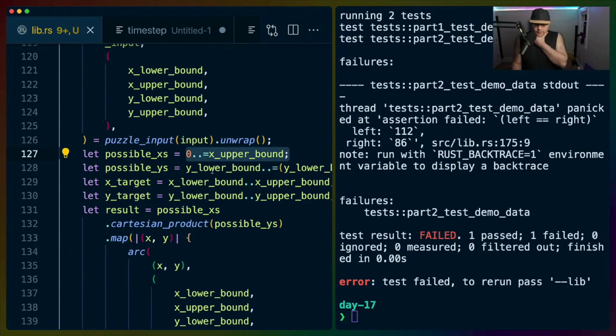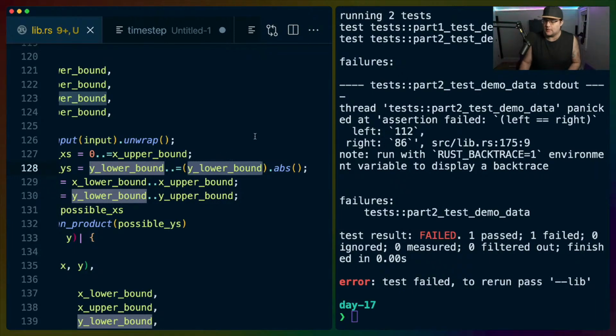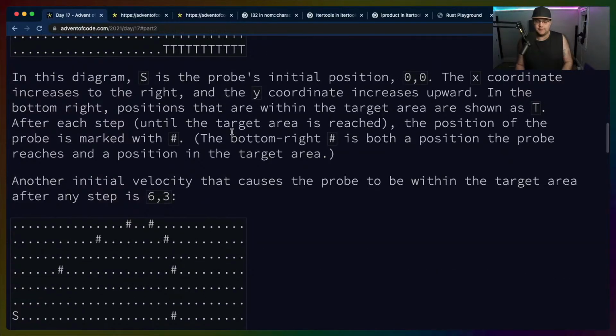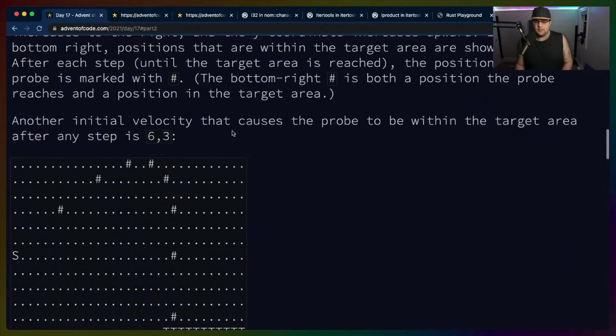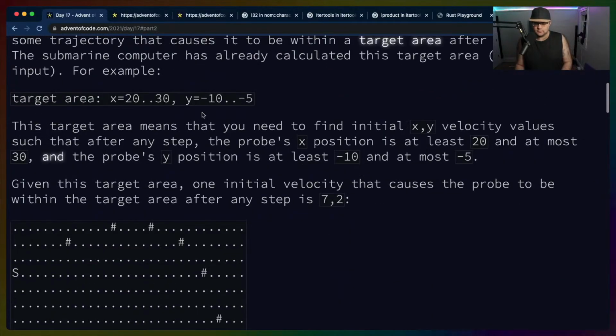0 to upper bound, lower bound to upper bound. Actually, it's the max of the y lower or y upper, right? Because what's our test input? Where's our test input? So we've got -10 and -5, but if y is 5, that doesn't work.